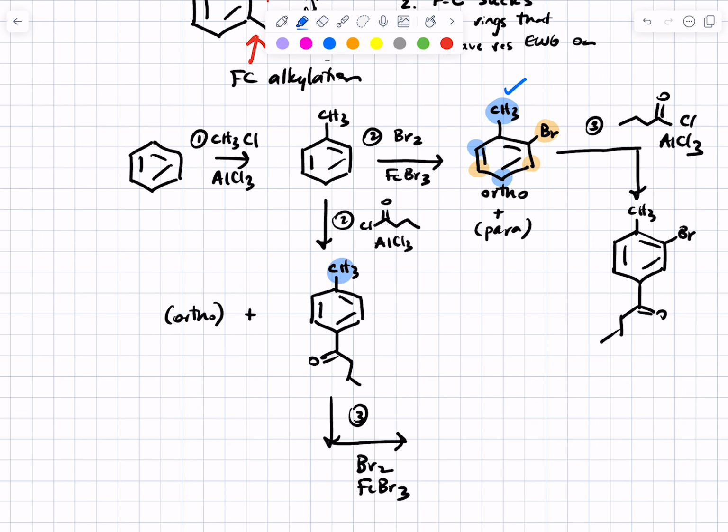Again, let's look at the preferences of the groups. Methyl's going to prefer the ortho position. How about the ketone? What's it going to prefer? Meta position. So I actually like this pathway better because it takes us through something where there is no conflict between directing groups. They both reinforce each other. But both of these answers are totally fine.